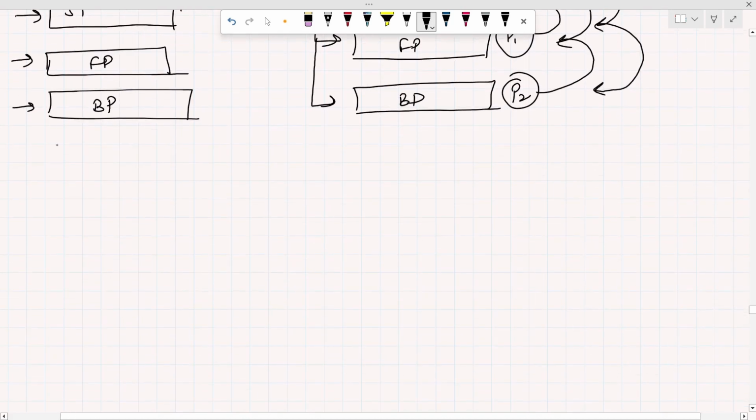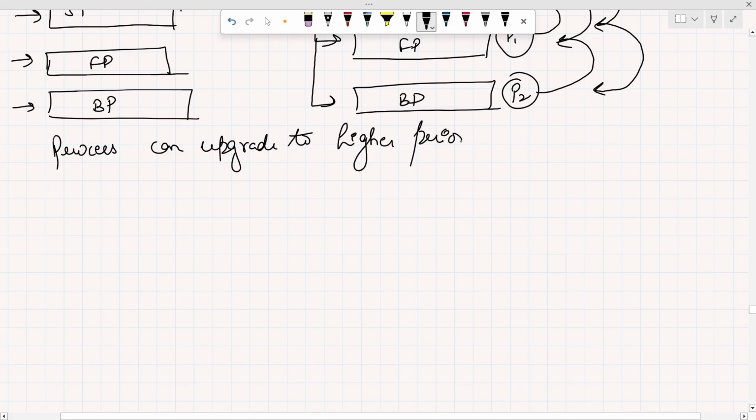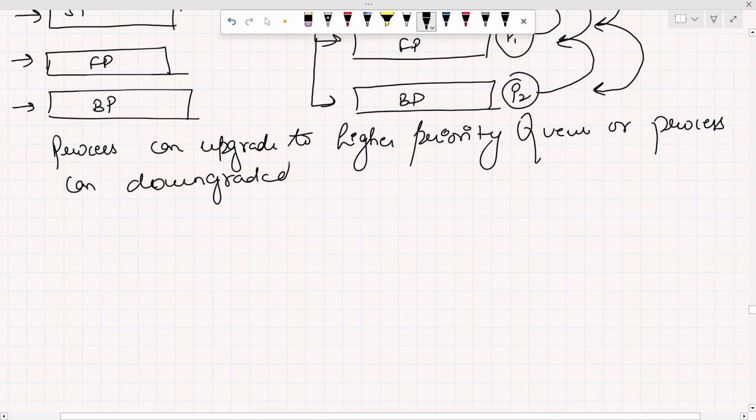Processes can upgrade to a higher priority queue, or be downgraded to a lower priority queue.